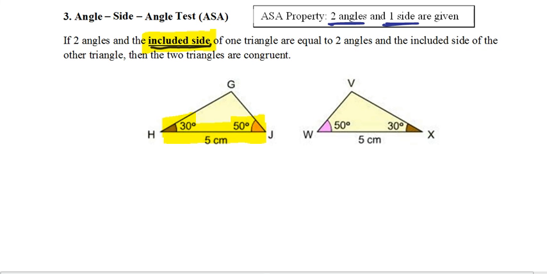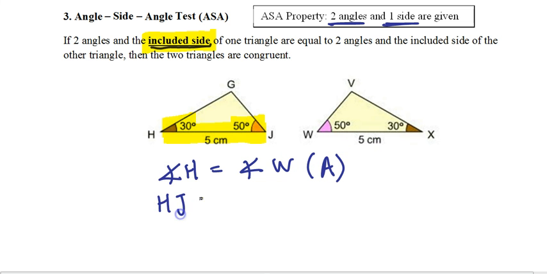So again, how do we prove it in this case? We want to prove it by angle side angle. So we can prove that angle H is equals to angle W. Alright, this is your A. And HJ is equals to WX is equals to 5 cm. This is your side.